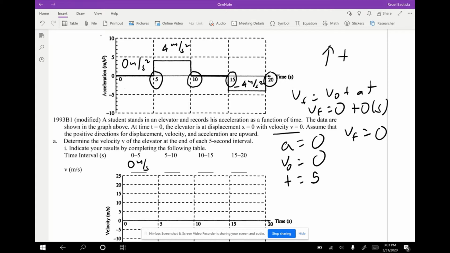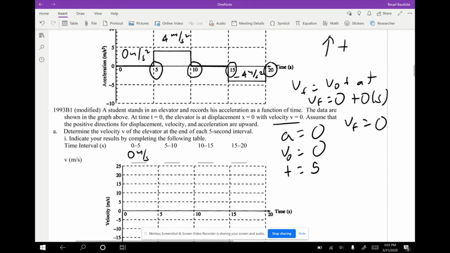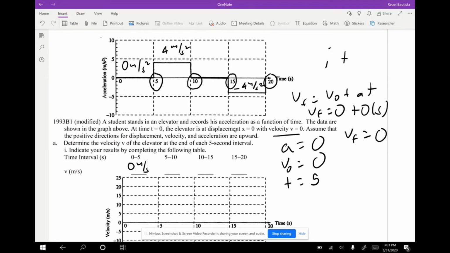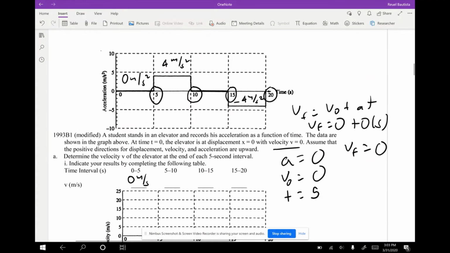And this is very important: I know the starting velocity for this interval, from 5 to 10 seconds. The starting velocity at 5 seconds is 0, because during the first 5 seconds there was no velocity. The object didn't move the entire time. So the starting velocity will still be 0 meters per second.